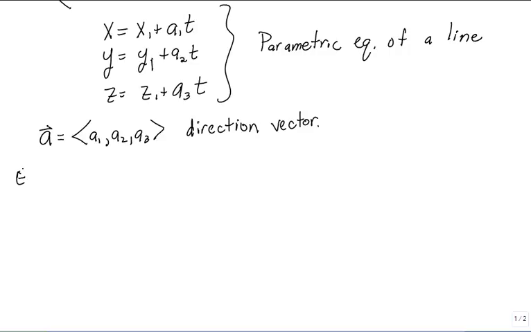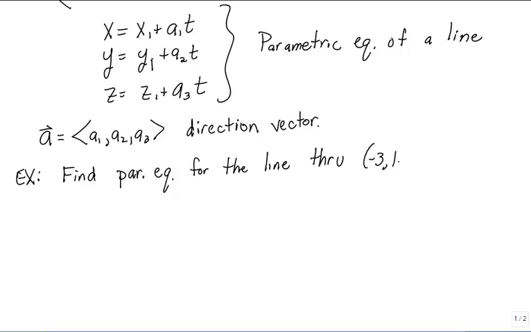So for an example, let's find the parametric equation for the line through these points. Okay, the first thing you have to do is find a, the direction vector, and that's just the vector representation between the 2 points.